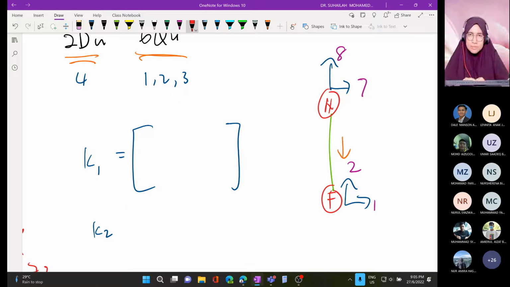Start from near. It is 7, 8, 1, 2. So this label is important. If you don't put the labels correctly, everything is wrong.